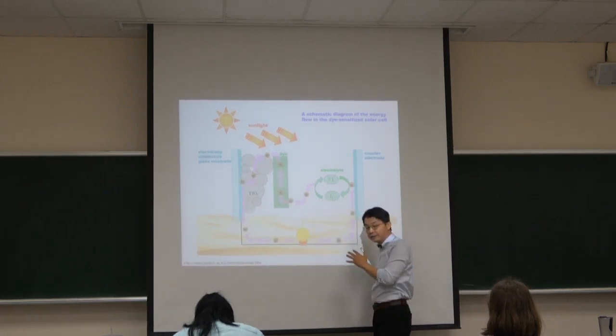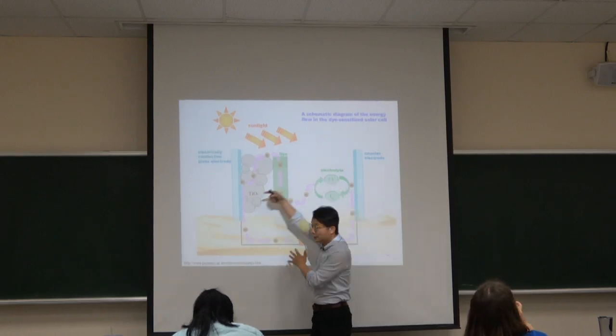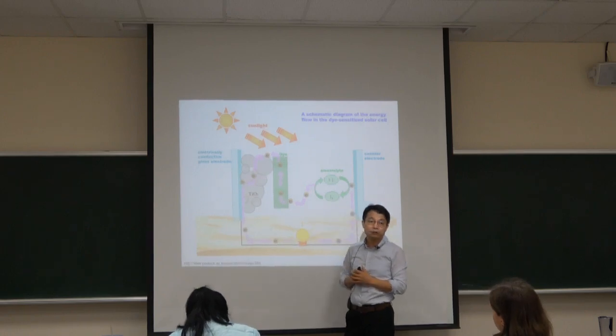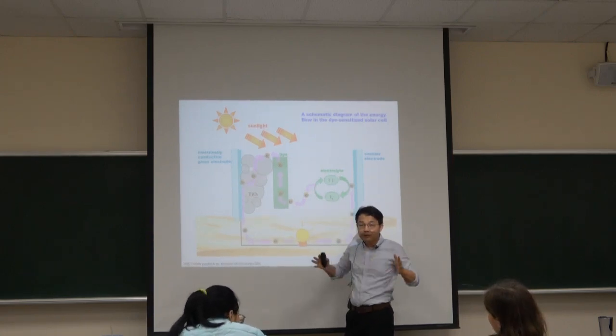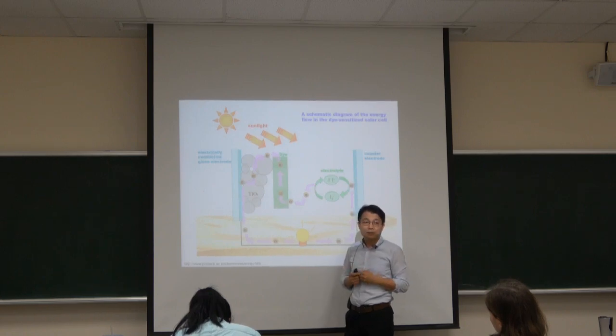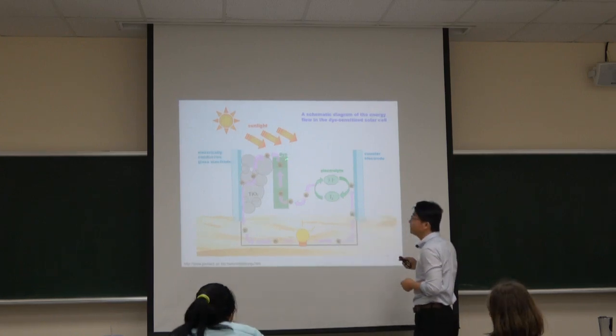So each step is very important. If we want the electron to flow in a forward reaction, if a stage is longer, that becomes something like a rate controlling state. So the rate controlling state is quite important.